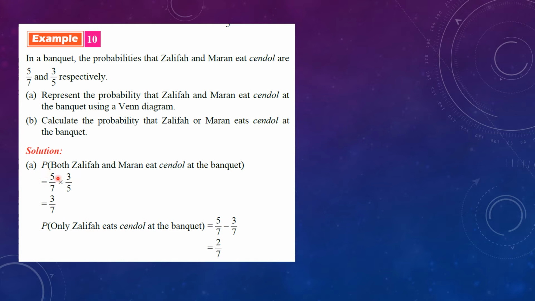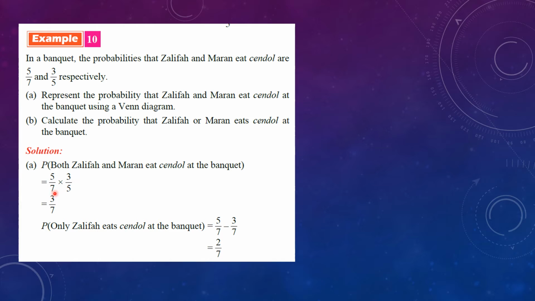So the probability for Zalifa is 5 over 7 multiplied with the probability of Maran, 3 over 5. So 5 over 7 times 3 over 5, you get 3 over 7. So this 3 over 7 shows the intersection part.